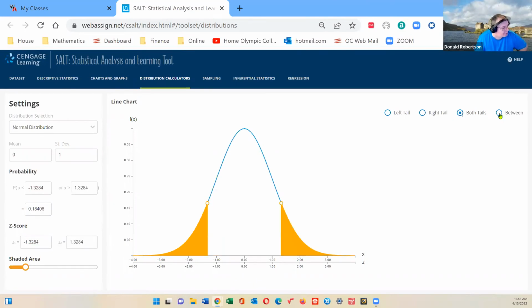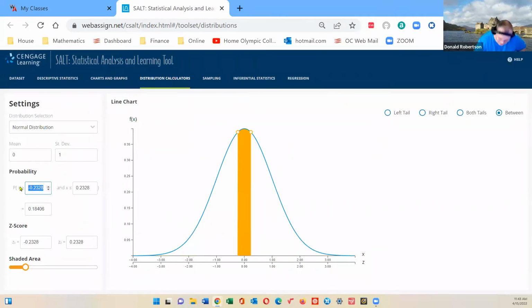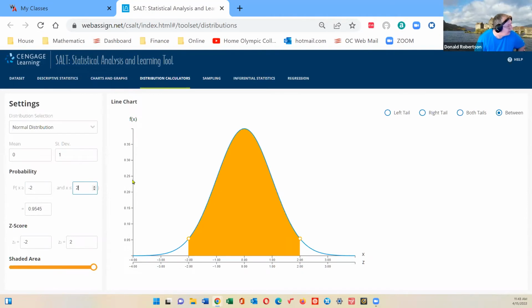Not both tails, between. Negative 2 on this side, and 2 on the other side. Would you agree that that's pretty darn close to 95%? It's 0.9545.